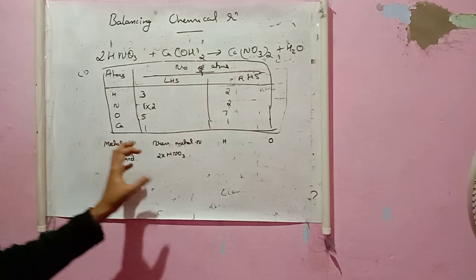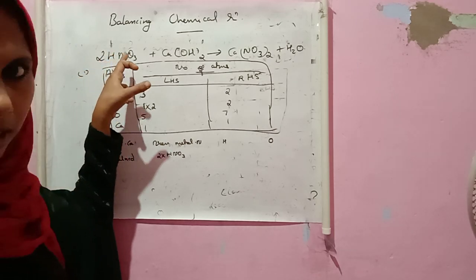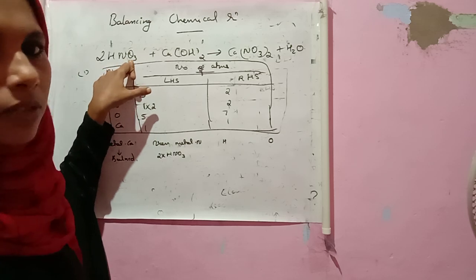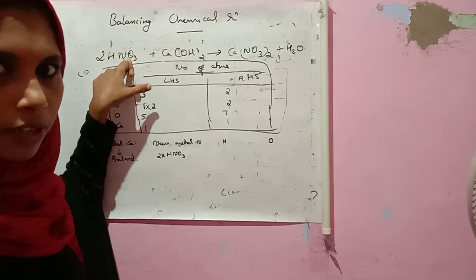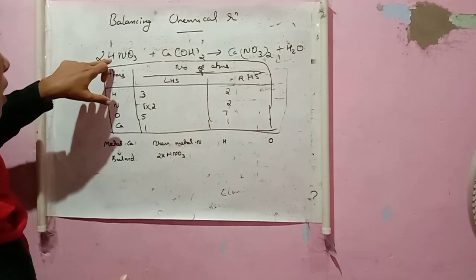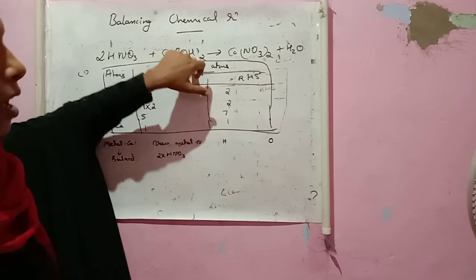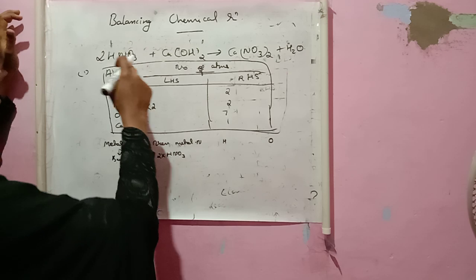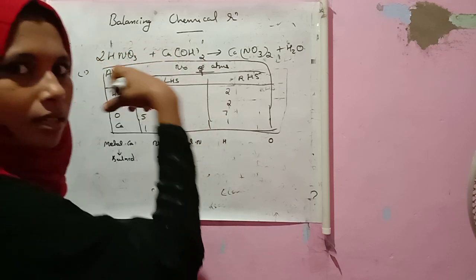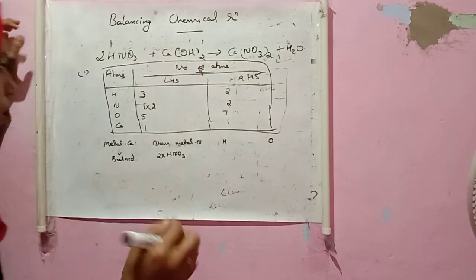Now, some changes happen for other species also, because nitrogen is not alone here. With nitrogen, hydrogen and oxygen are present. So there will definitely be changes for hydrogen and oxygen. What are the changes? Here there was already 1 plus 2 into H, that is 3 hydrogen. But by multiplying by 2, the hydrogen number changes by 2H plus 2H, that is 4.